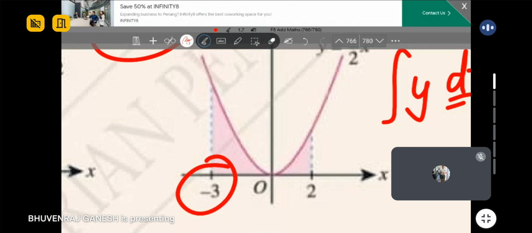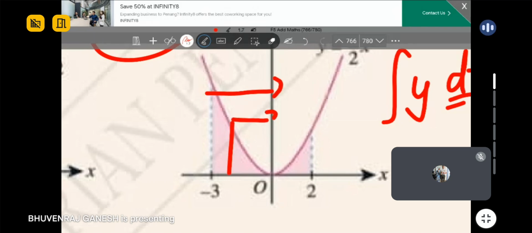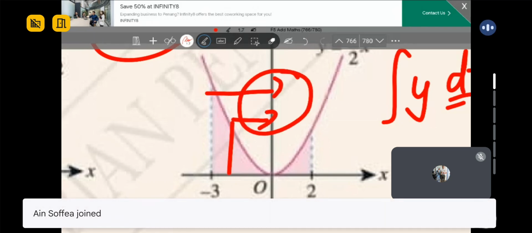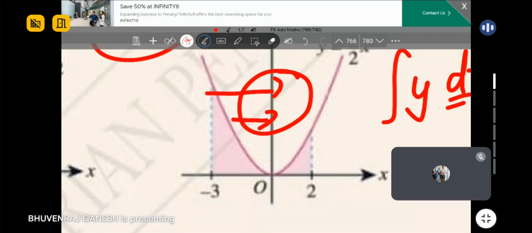So guys, cuba kamu lihat di atas graf. Saya sambungkan bagi kamu. Look at this. Adakah nilai yang saya bulatkan tu positif atau negatif? Is the answer I circled there a positive value or negative value? Which one? Common sense.